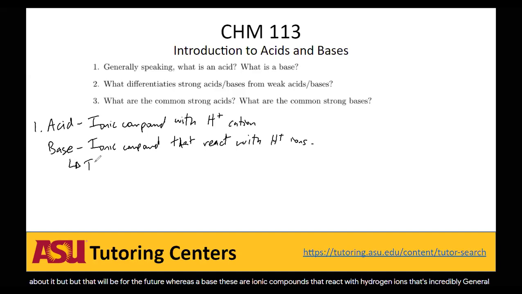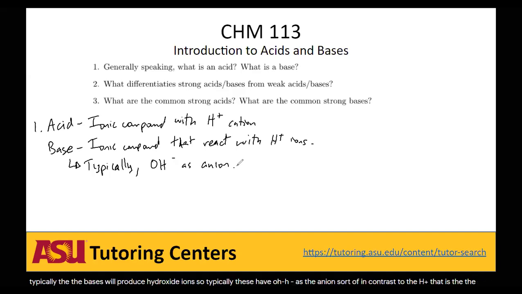So typically, these have OH minus as the anion, sort of in contrast to the H plus that is the cation. But they don't have to. They don't have to be. There's lots of organic bases that do not have hydroxide in them.